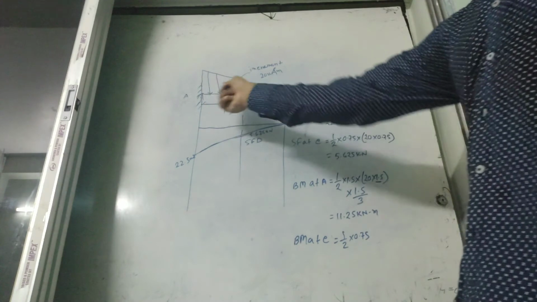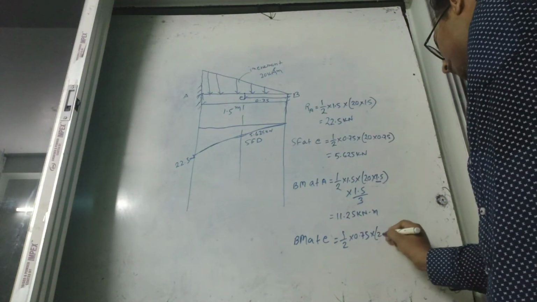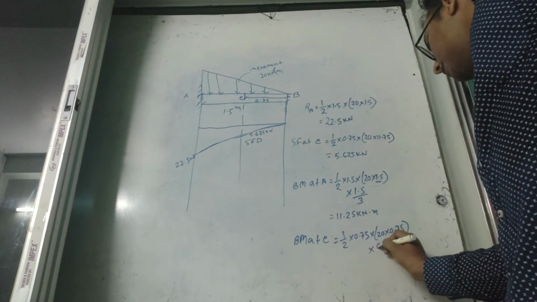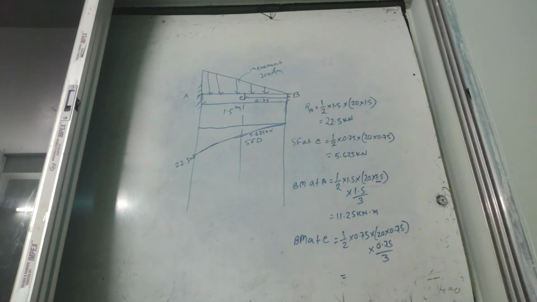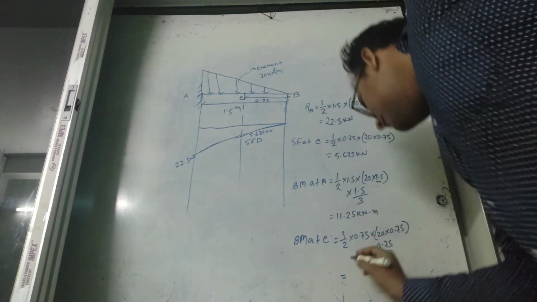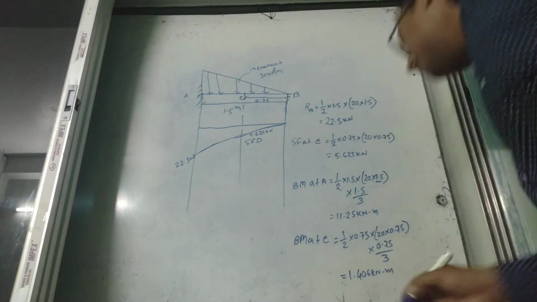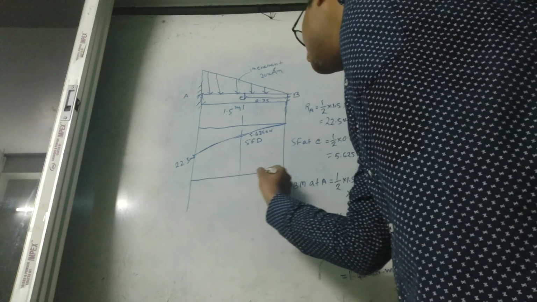Same length 0.75 into 20 into 0.75 into 0.75 by 3. So our bending moment is 0.75 into 20 into 0.75 into 0.75 divided by 6. Our answer is 1.406 kilonewton meter.